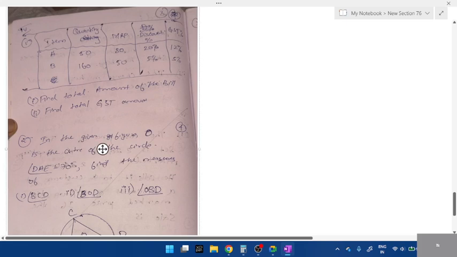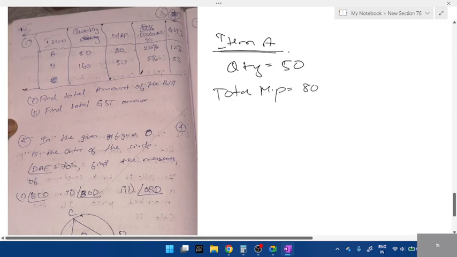First, whenever quantity is given, take item A. The number of items is 15. Mark price, students, 4,000.